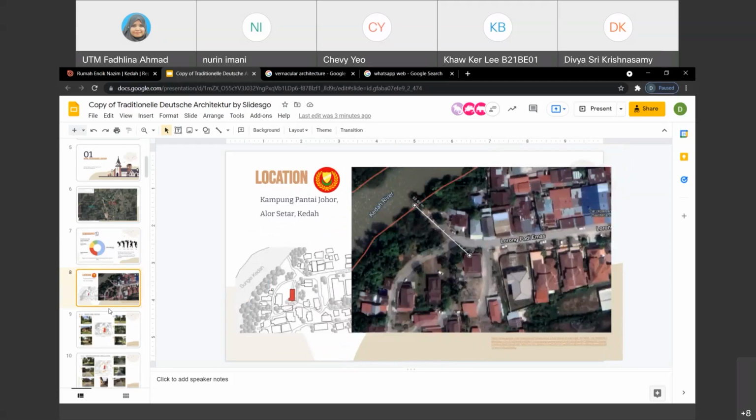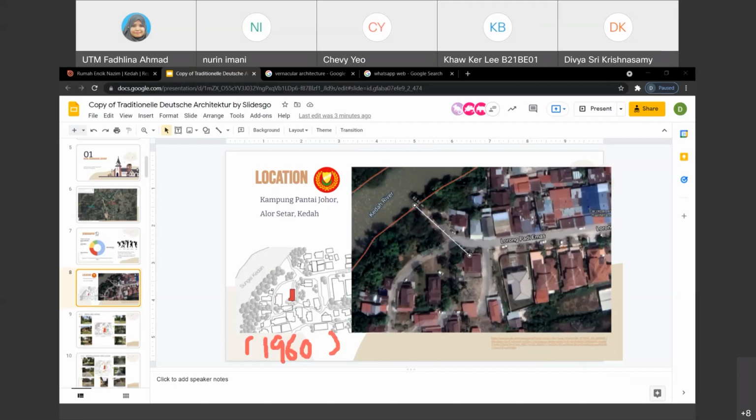Is this current or 1960? This is current. In 1960, I didn't find any documentary about this place. Okay, this one is based on measure drawing, is it? Yeah, this one is from the measure drawing. So is this one 1960? I think this one is current now.